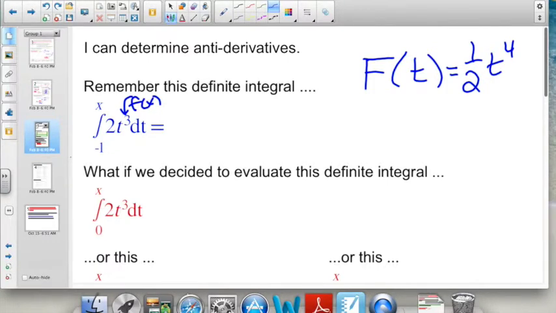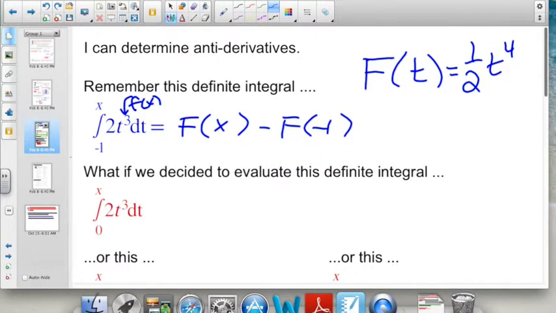Let's see. This is saying evaluate the antiderivative where? Where do I evaluate the antiderivative if these are my upper and lower bounds? And we've actually done this problem before. We said let's make this kind of like a definite integral.